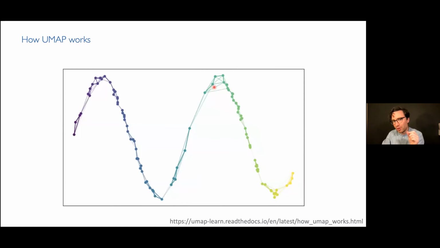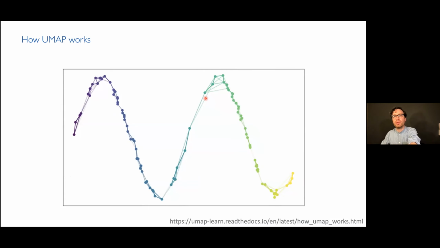But if you properly do the math behind all that, you can show that this construction captures essential parts of what's called the fuzzy topology of this manifold. Okay, so we now have a graph representation that captures the topological structure of the manifold we're interested in.